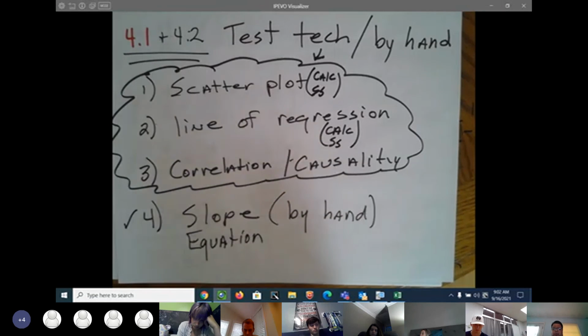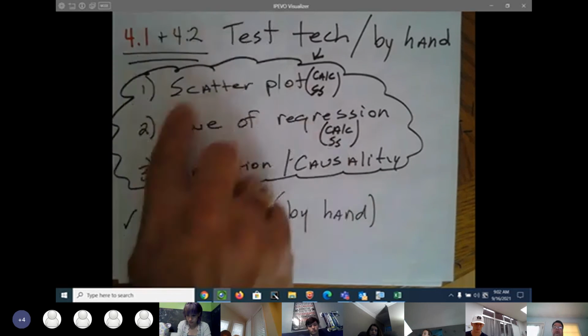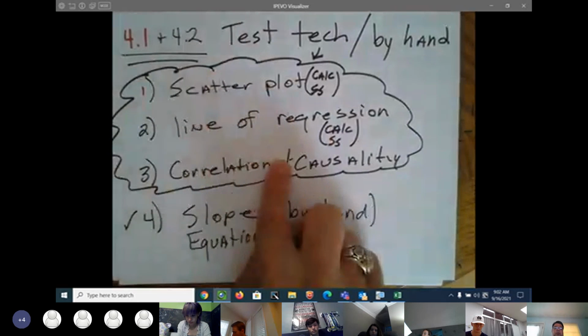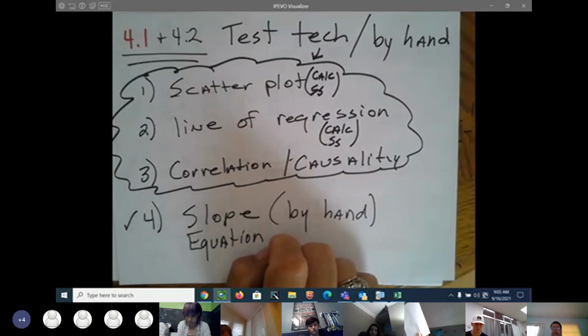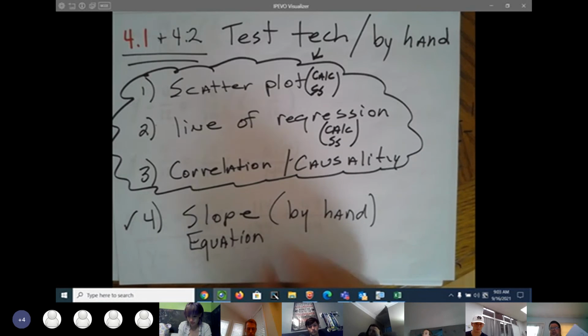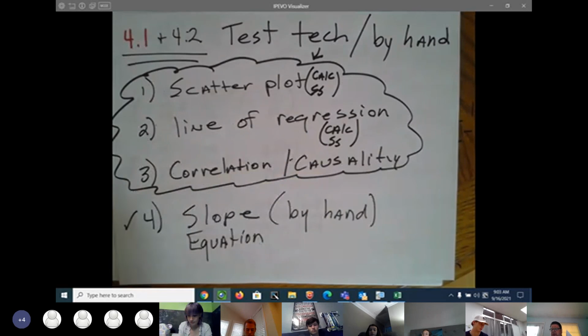Now, I could do 2 or 3 problems, but I feel like it'd be wasting your time because most of you understand what I'm talking about right now, because you've seen at least the slope and the equations before, and this stuff right here is done on the calculator or the spreadsheet. So I'm going to kind of not insult your intelligence by going over some easy questions. Does that make sense? Okay.